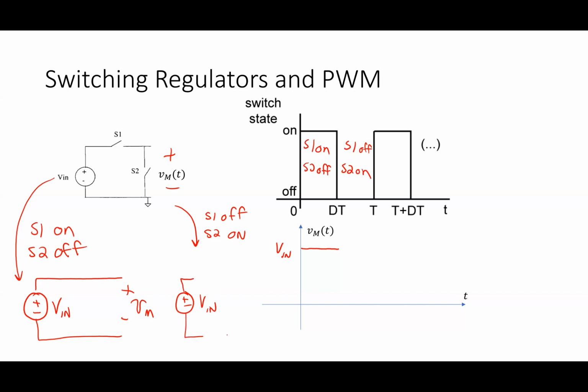S1 is an open circuit. S2 is a short circuit. That's still VM right there. What's VM equal to? 0. So this goes to 0, and then like that.